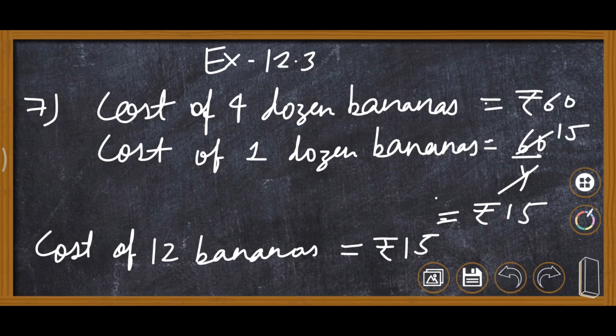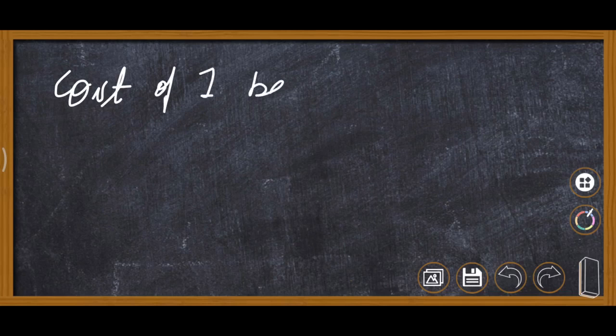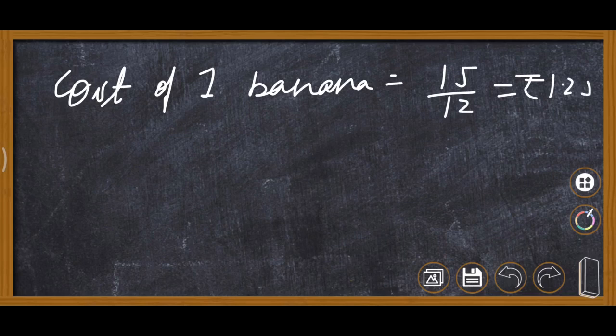Now we will find the cost of 1 banana. Now cost of 1 banana, here we will divide this 15 by 12. Then answer is rupees 1.25, means rupees 1 and 25 paise. Now here we are required to find how many bananas can be purchased for rupees 12.50.